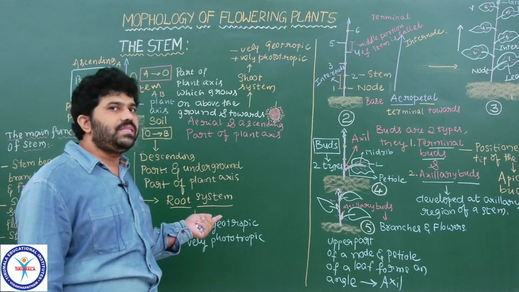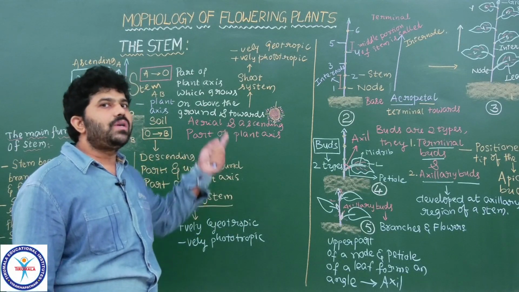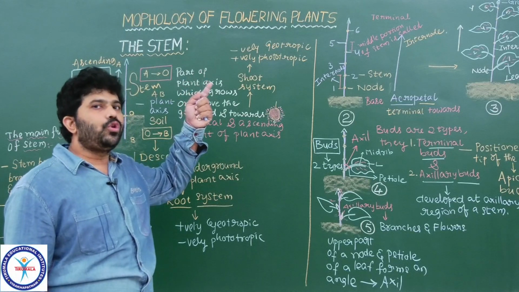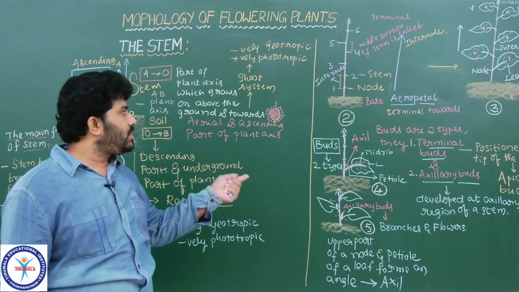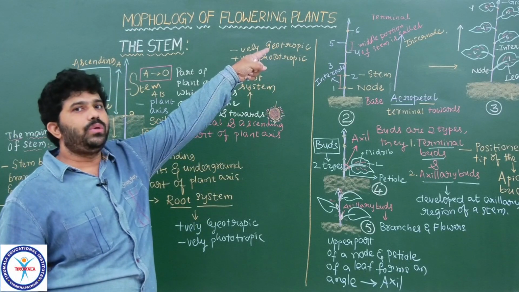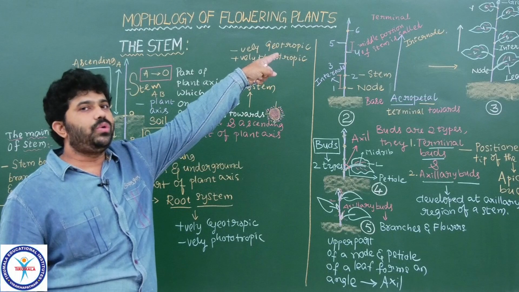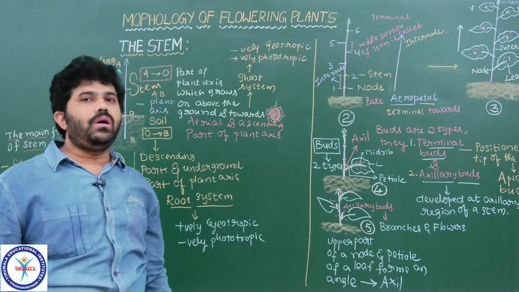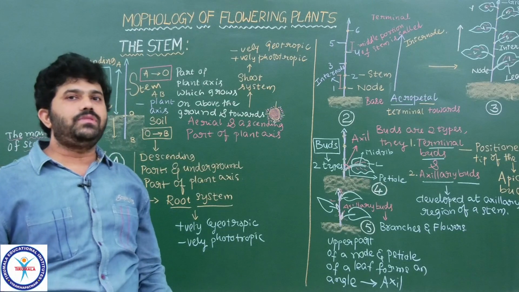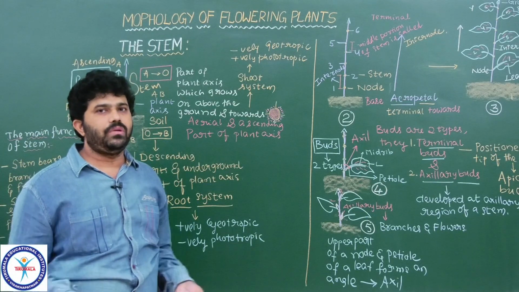That plumule grows towards the light with the property of phototropism. Then it continues to develop into a matured organ like the stem, which bears branches, leaves, flowers, fruits, etc.